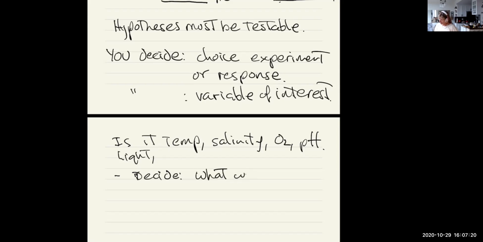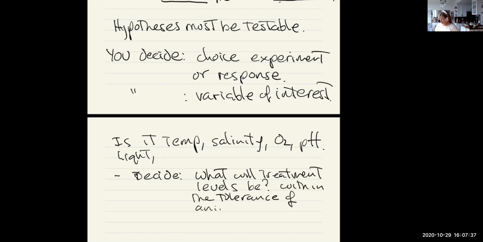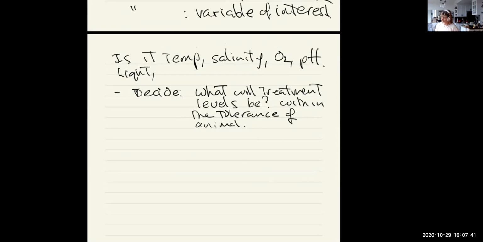Or no, what will treatments be? What will treatment levels be? That's what I wanted to say. What will treatment levels be within the tolerance of the animal? So you don't want them to die. And decide on the number of animals.